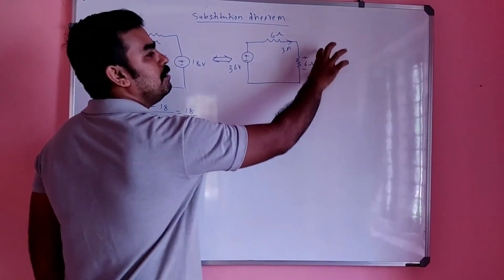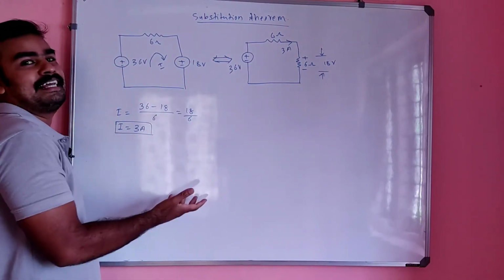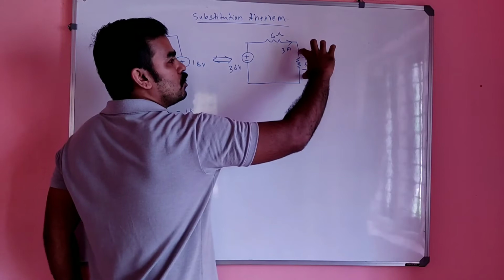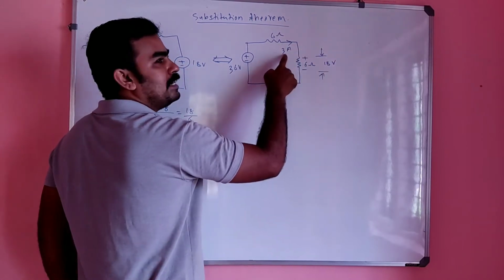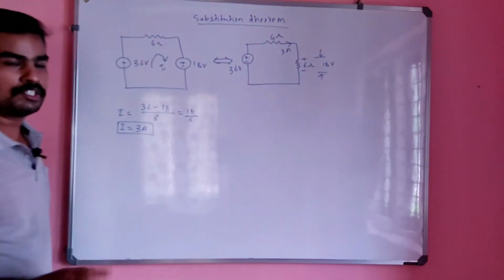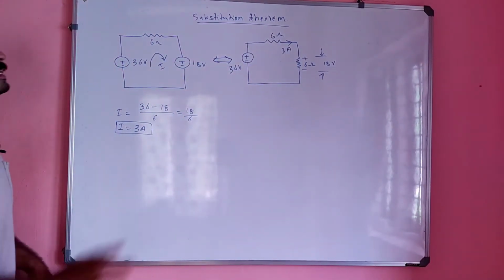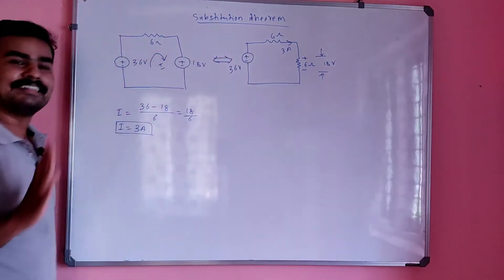The voltage will again be 18 volt, there is no change. The drop across the 6 ohm is 6 into 3, which is 18 volt. So the voltage source can be represented like this.